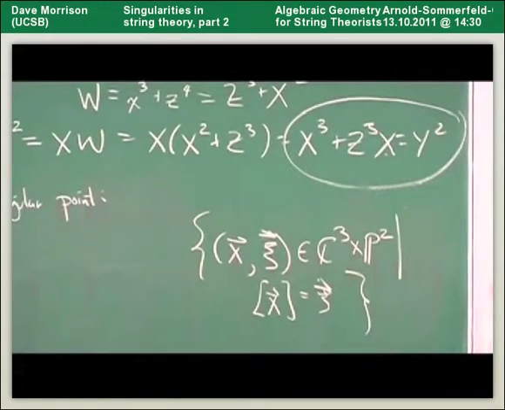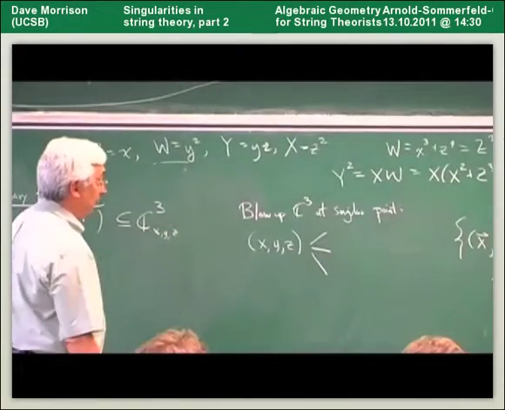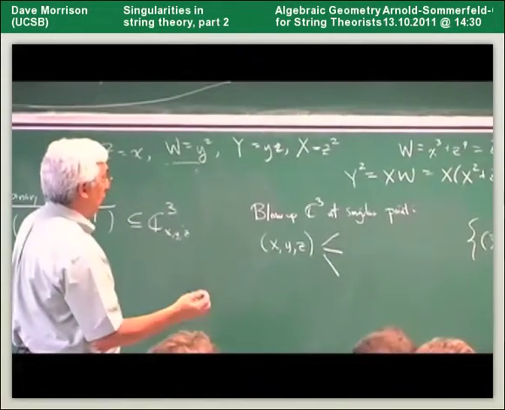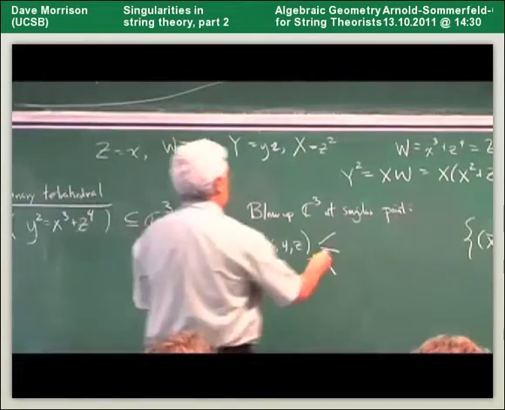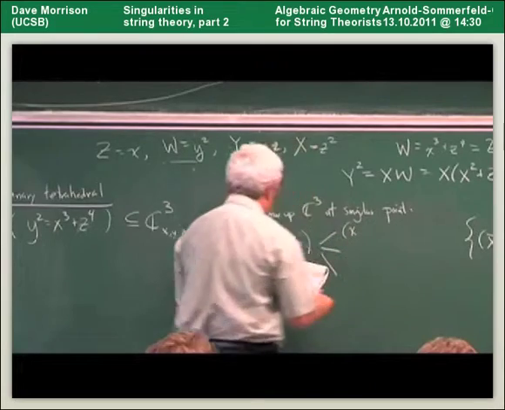So that does absolutely nothing away from the origin, but at the origin it replaces the origin by an entire copy of P2. And as usual, we'll need 3 coordinate charts to represent it as P2.